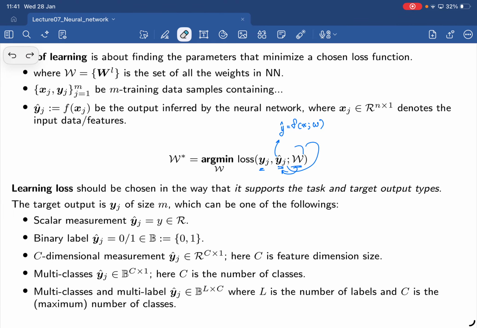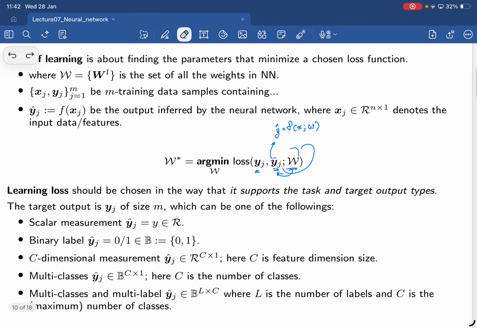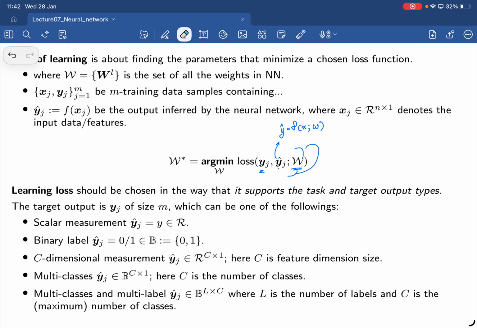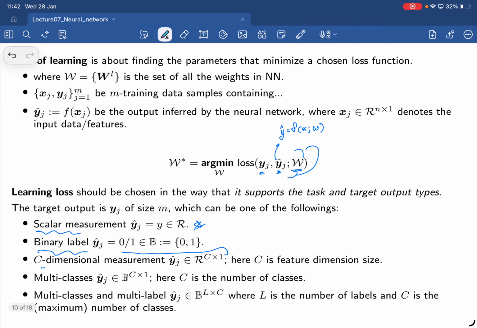And yes, as we mentioned before, there are many forms the output Y hat could take. It depends on the task. It could be a scalar measurement, like a real number, if it's a regression task. If it's a binary label, then Y hat will be 0 or 1. If it's multi-class classification, Y hat could be a vector of integers, or it could be a one hot for C classes.